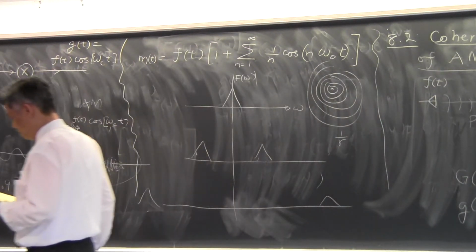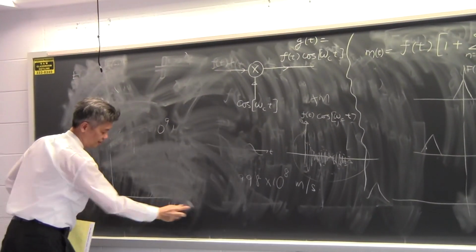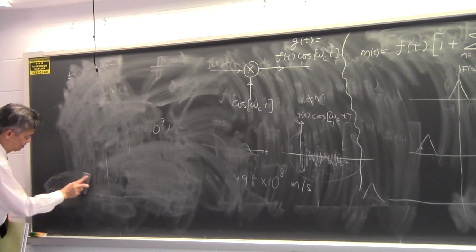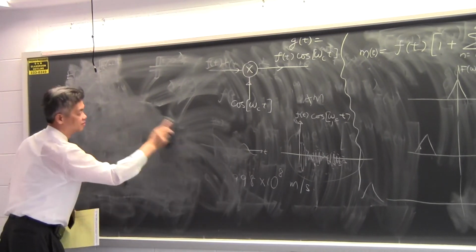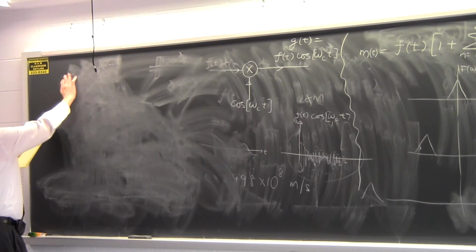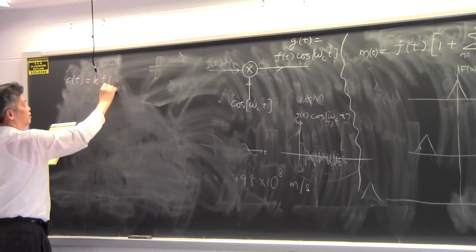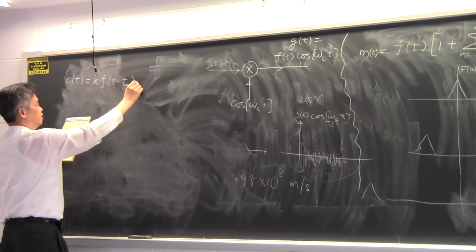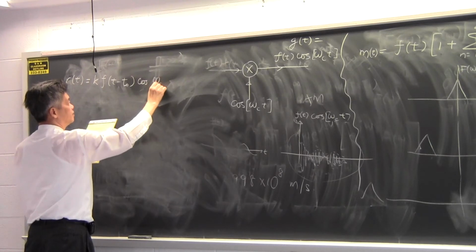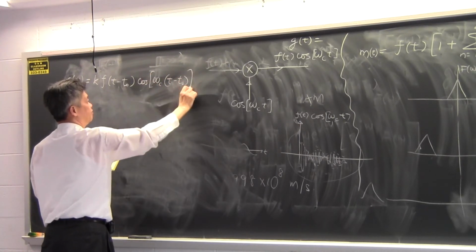So, how do we convert that signal back to something that is audible, that you can hear with your human ear? The received signal would be K f of t minus t naught, cosine of omega c times t minus t naught, because it's just a time delayed version.